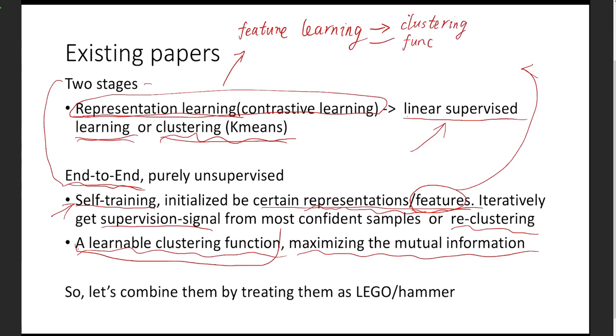This function is based on the features from the feature learning, and the authors think they can also add the self-training, self-labeling method to get further improvement. So we can see they just extract different components to improve the method.